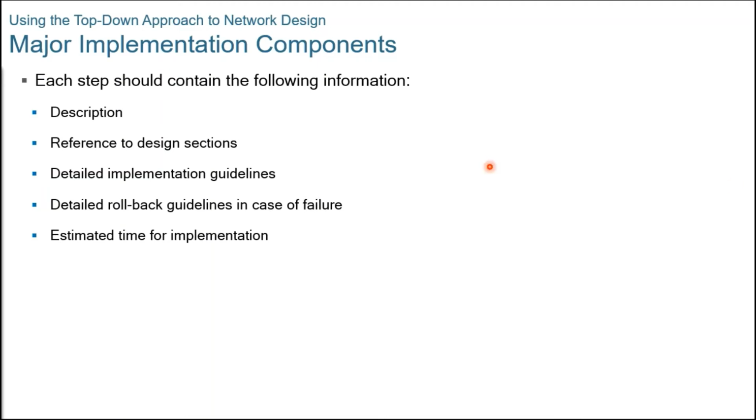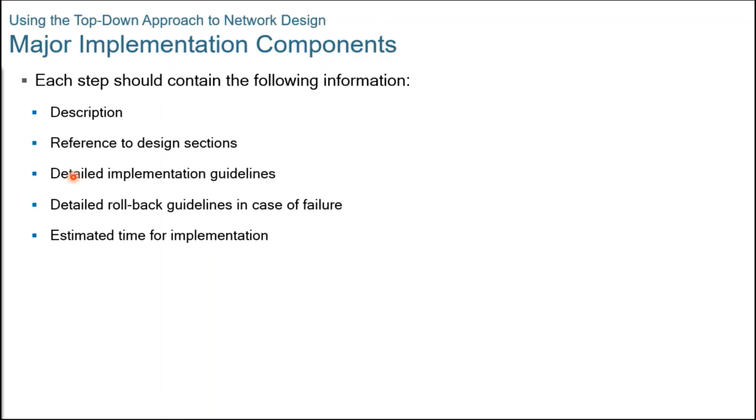Next, implementation must consider the possibility of failure, and a rollback plan to revert to the original setup if a problem occurs. So list implementation steps and estimated times in a table. So you've got the detailed implementation guidelines.